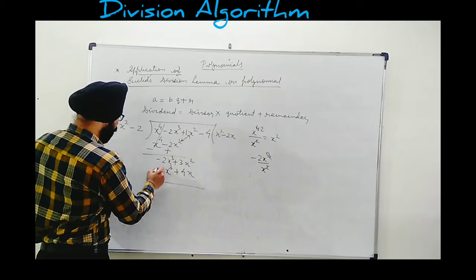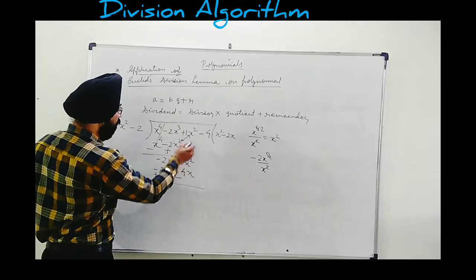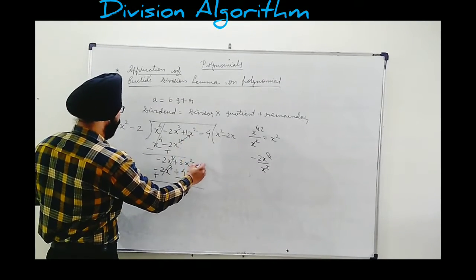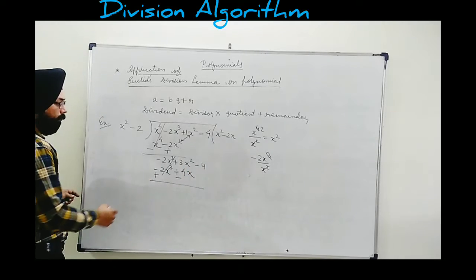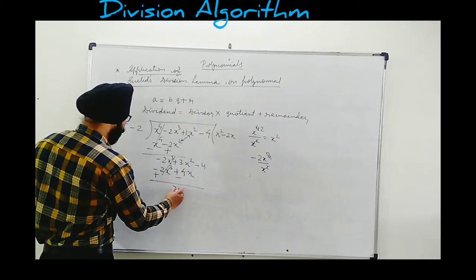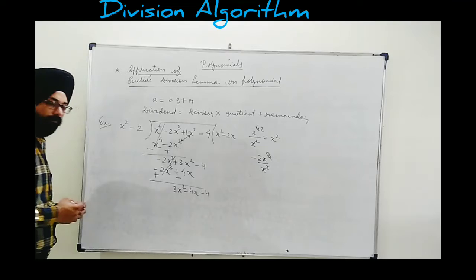Solving, sign change, plus minus, cancel. These two can't be solved. Obviously if the next term is available we bring it down. It is minus 4 only. There is no like term to this 4x. That's why the result will be written as 3x square minus 4x minus 4.